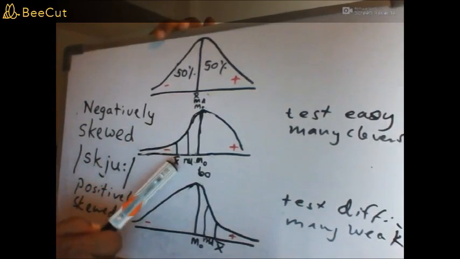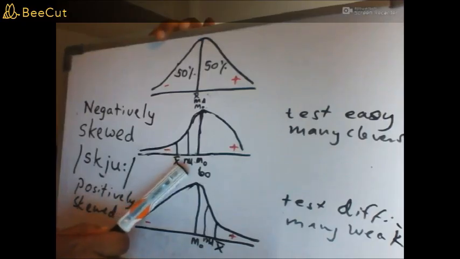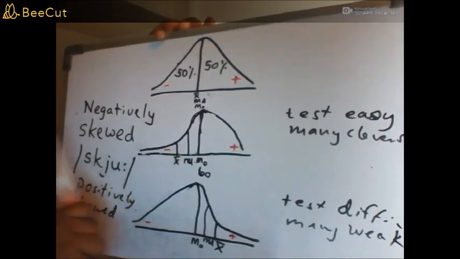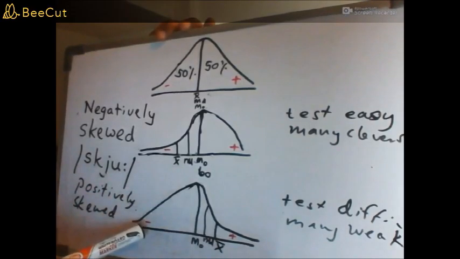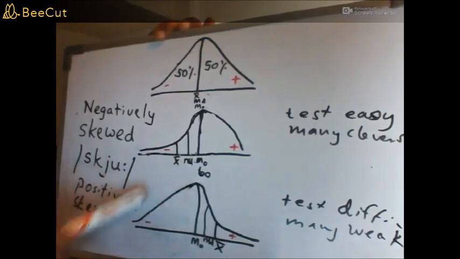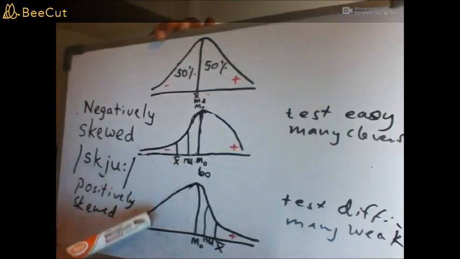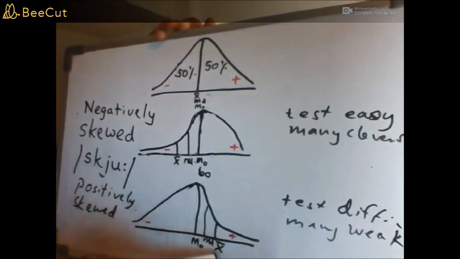And the x bar is here on the left side, right? In the middle, you can find the median. And in the positively skewed curve, you can find many weak students. The bulk is here, many weak students, and here the x bar, right?